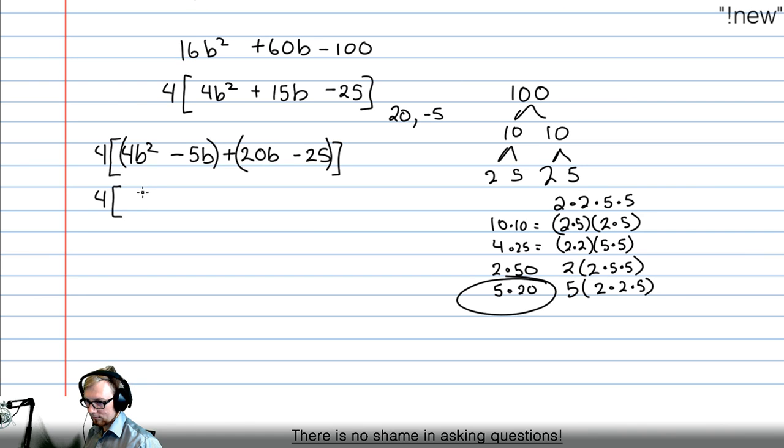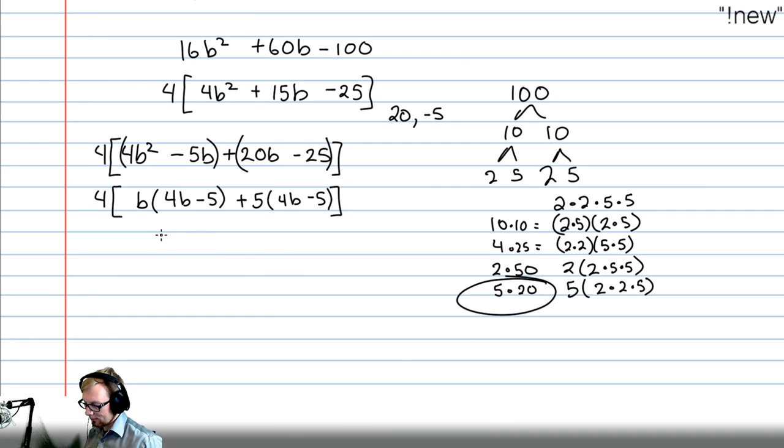B drops out the first one. So what are you left with? 4b minus 5 plus... 5 is the greatest common factor. 4b minus 5.